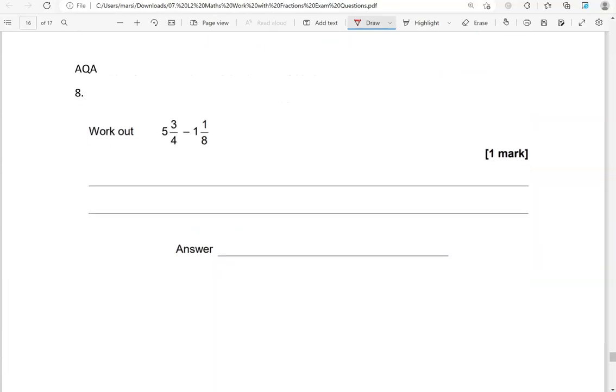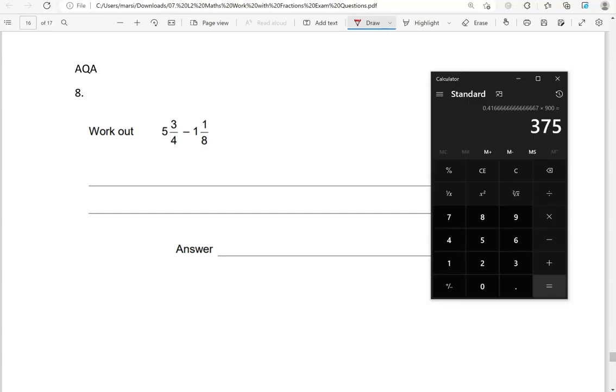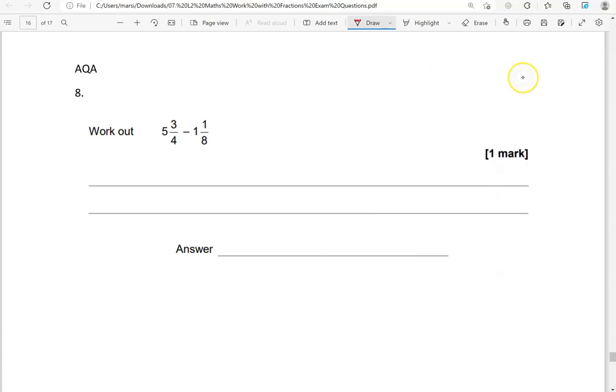Work out 5 3/4, take away 1 1/8. So we could do this without a calculator. Let's just focus on 3/4 and 1/8. Common denominator can be 8 for both.